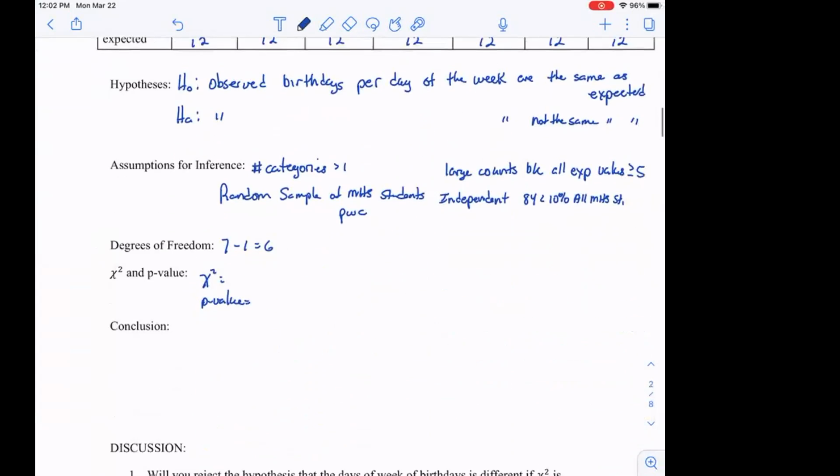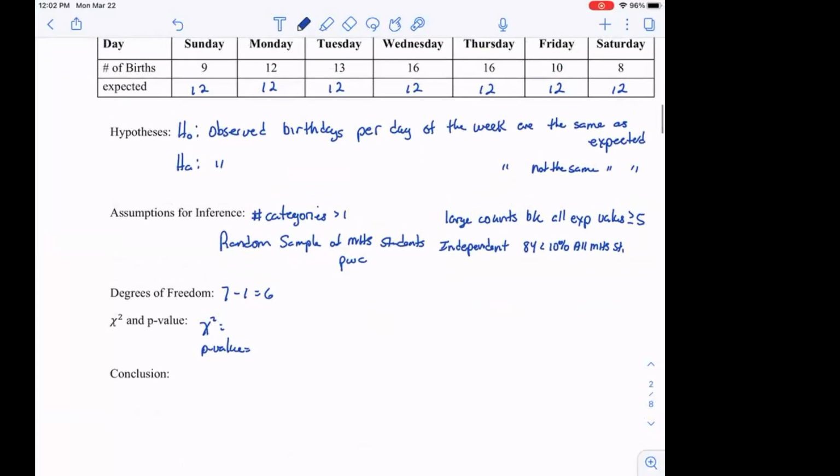So if we come down here, we got a chi-squared value of 5.17. However, I'm jumping the gun on the chi-squared value because we do have to show mastery of the formula. So we're going to have to go with 9 minus 12 squared divided by 12 plus. All we need is the first and last terms.